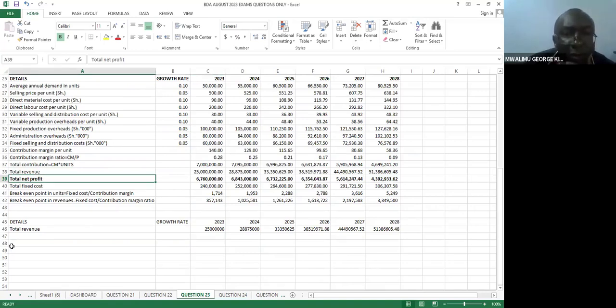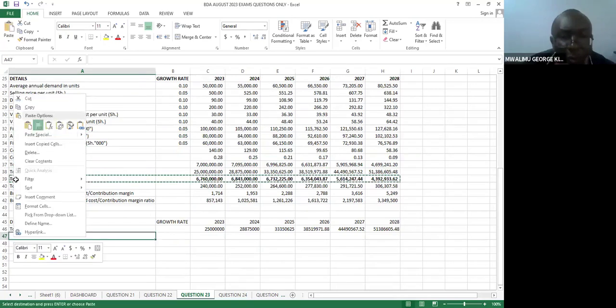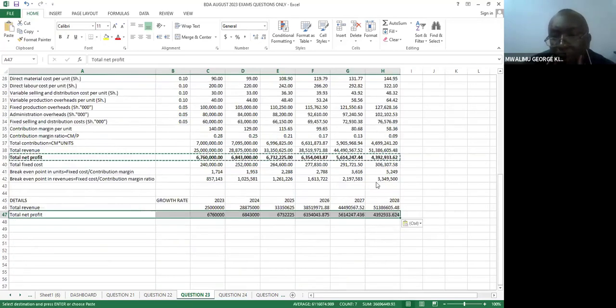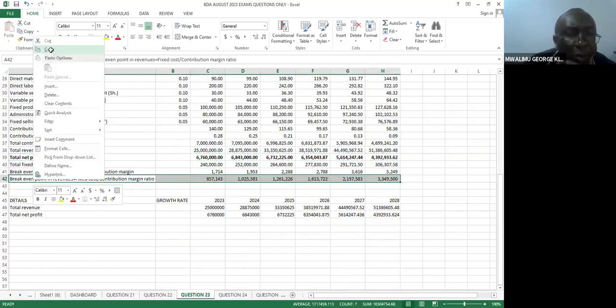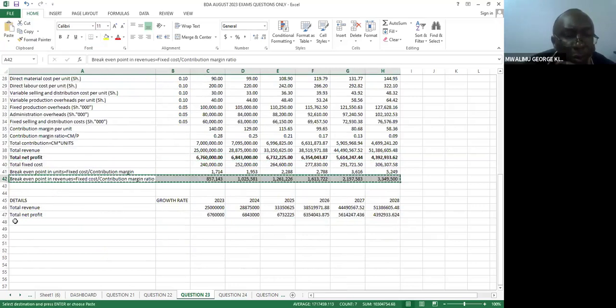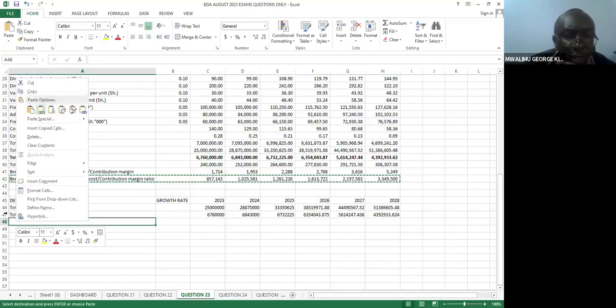What else do they want? The break-even revenues. Paste special there.